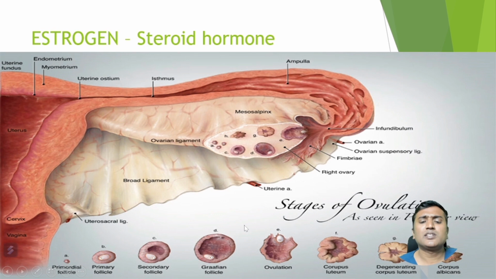What is this LH surge? Whenever there is a rise in LH hormone in the body, ovulation will happen. The remaining cells, after ovulating the egg, form a structure called the corpus luteum.